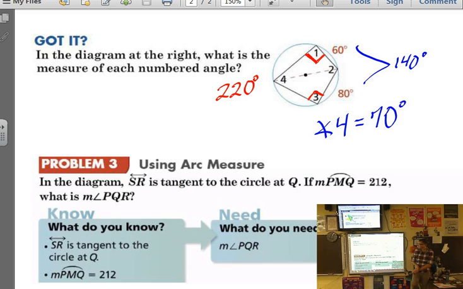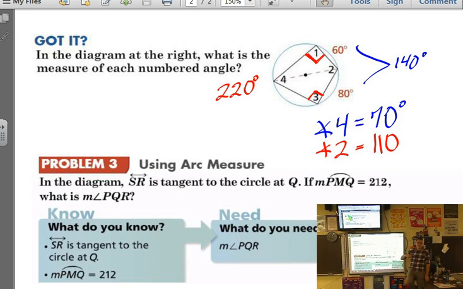So 4 and 2 together are supplementary, which means that 2 has to be 110. Since I already know that 4 is 70, then angle 2 has to be 110, which is also justified by this arc measure being 220.